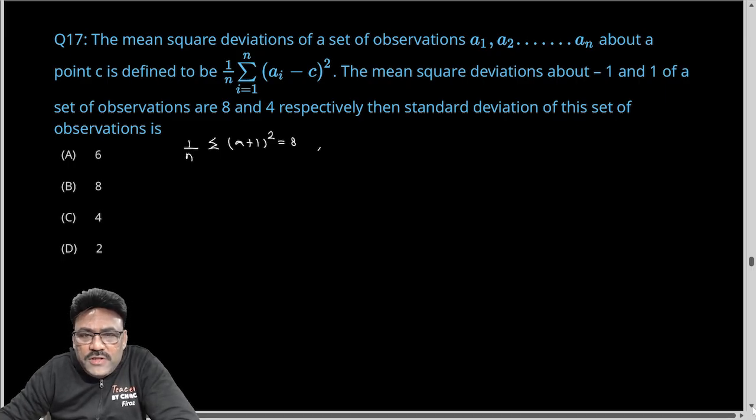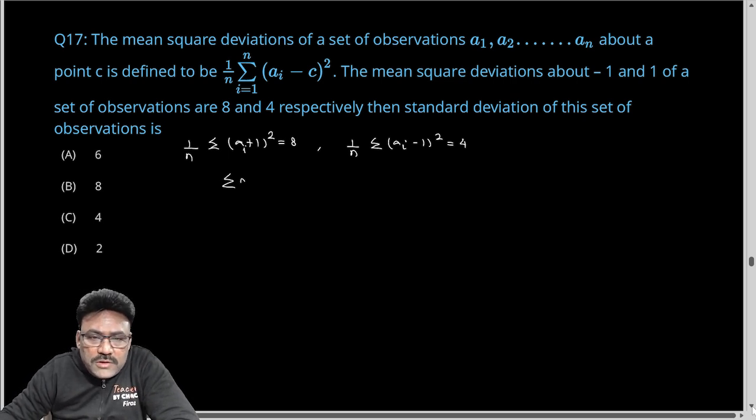And if I take the mean square deviation about +1, so ai minus 1 whole square, this is given as 4. So from here, let's write ai here. So from here I am getting sigma ai plus 1 whole square is 8n, and sigma ai minus 1 whole square is equal to 4n.